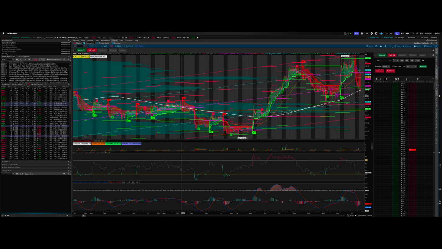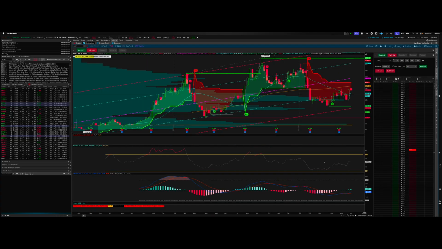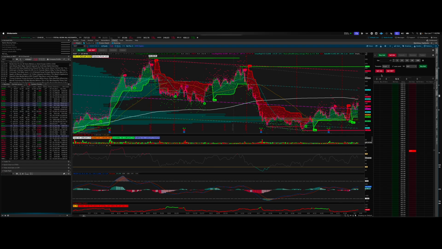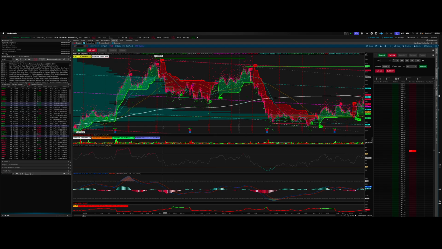I'm watching this more closely, but I have less conviction in this play in general. But it is something I wanted to flag as something potentially to watch. People seem to be quite interested in this as a recent play, but to me, I have less conviction in it, mainly because I can't see how institutions are reacting to it over the long term. But that's just something to call out.